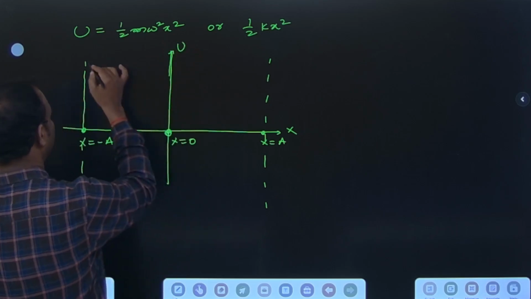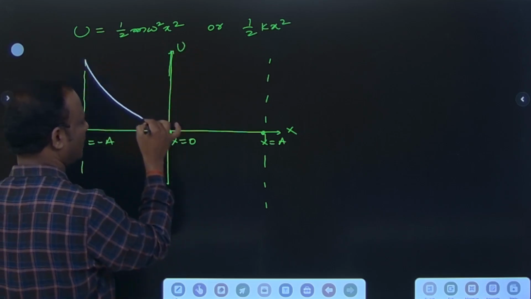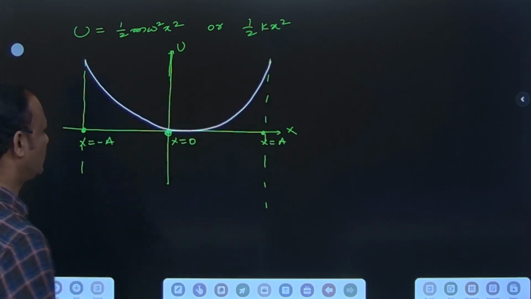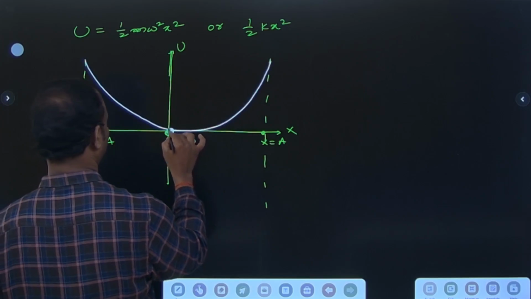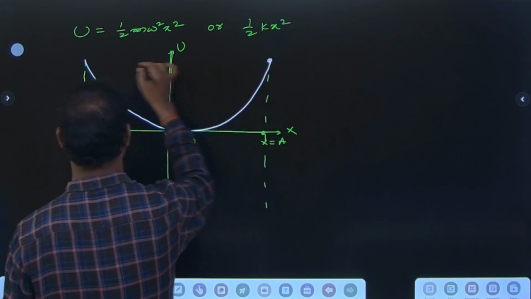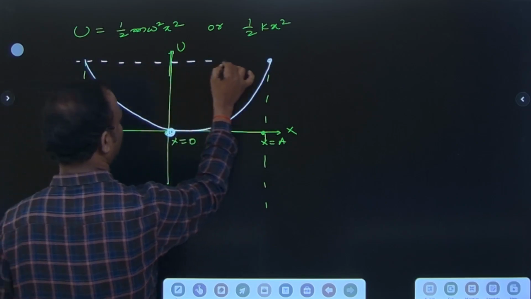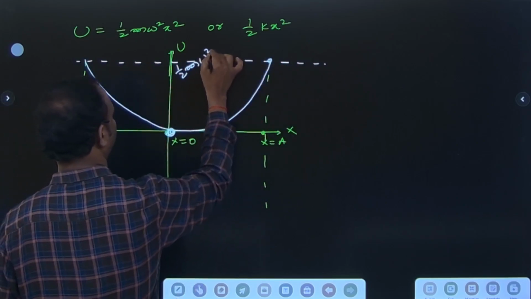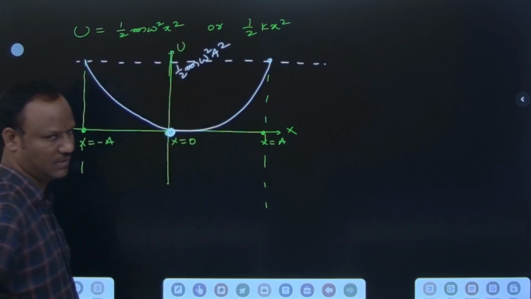And at the extreme position, the graph will be like this. At this position it is a minimum, and at this position it is a maximum. The maximum potential energy at the extreme position is half m omega square a square. The minimum is at x is equal to 0.